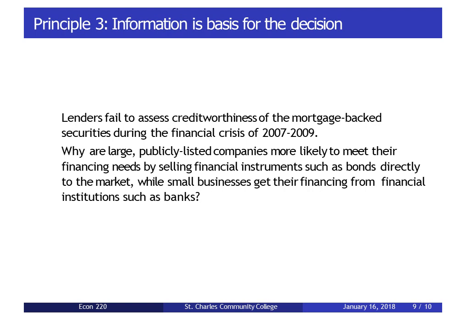So a commercial bank spends less money to get information about the creditworthiness of a small business. But this doesn't apply to large companies. So it's easier for a large company to meet its financing needs by selling corporate bonds.